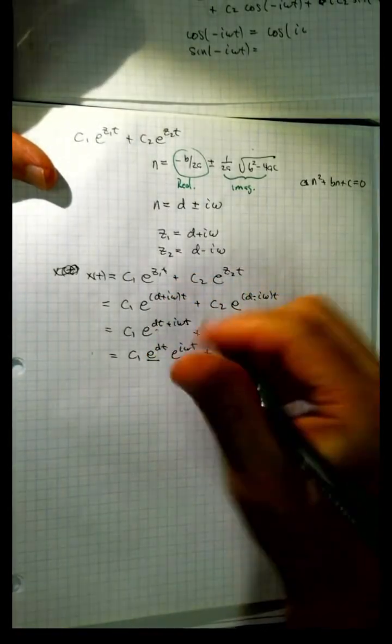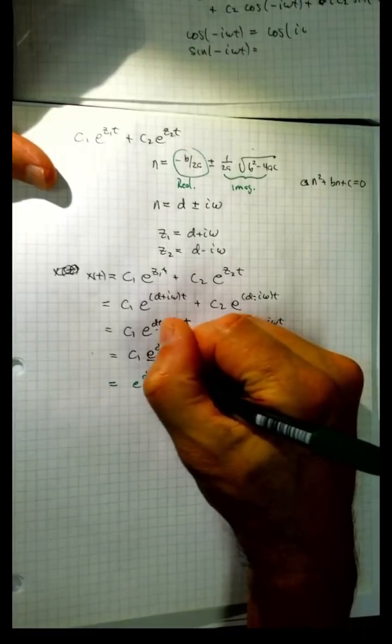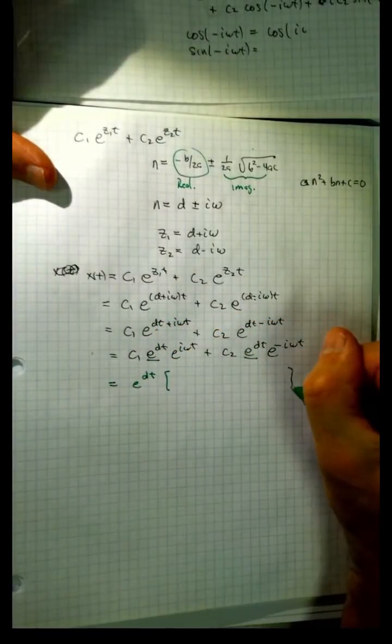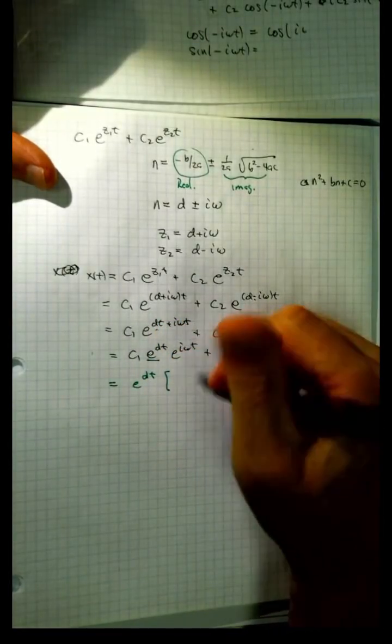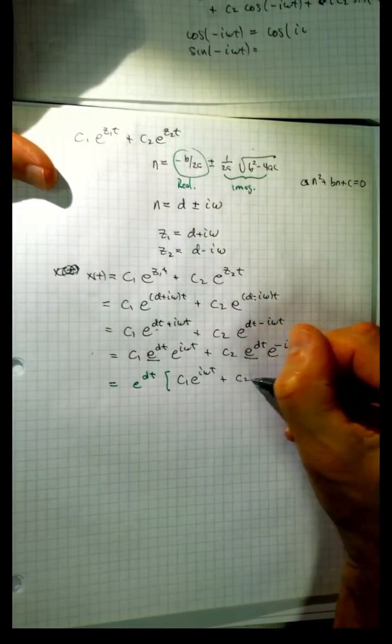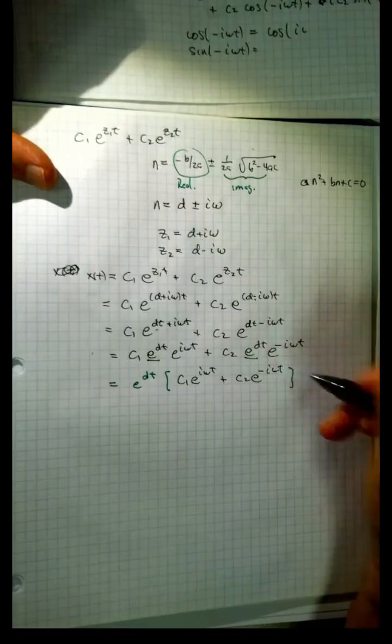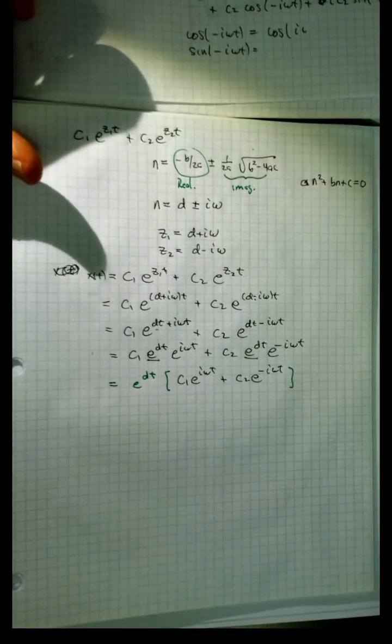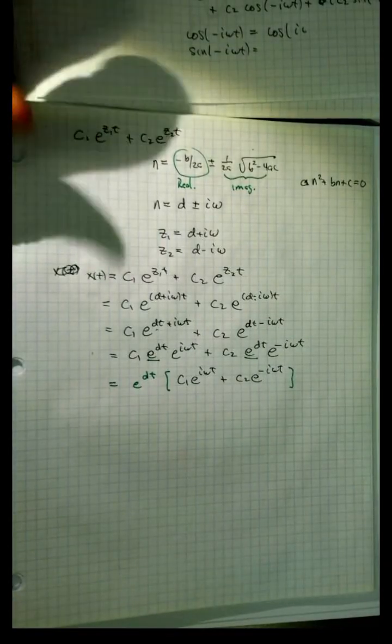This term and this term are the same, so I can factor that out. So that's going to give me c1 e to the i omega t plus c2 e to the minus i omega t. And now I can use my Euler's formula.